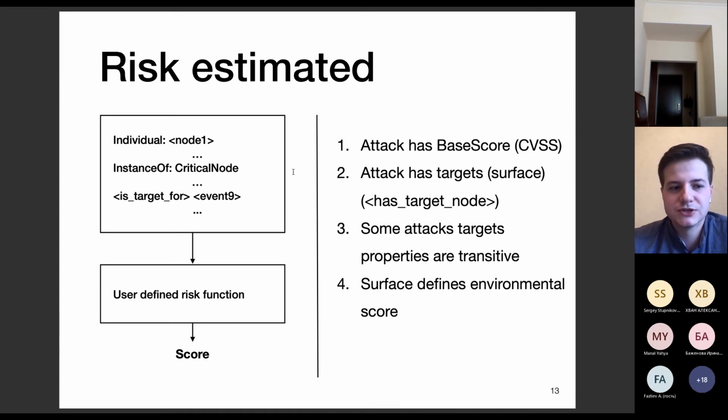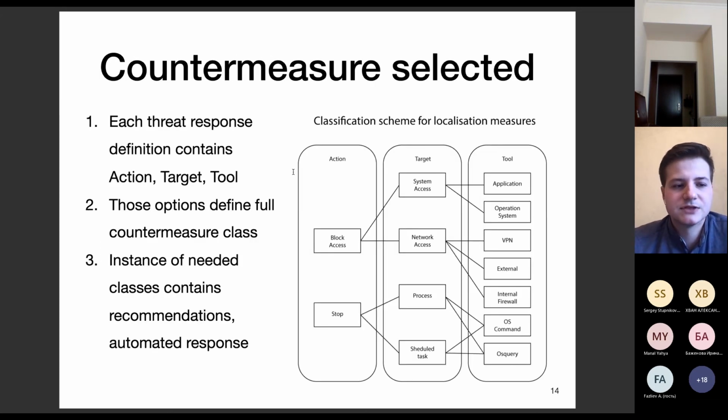The ontology allows us to estimate this score by using aggregated knowledge about infrastructure, especially about network reachability and criticality of the resources, which depends on the type of attack. We can calculate reachability as a transitive property or not. For example, all instances of a reachable node could become input data for a custom risk estimation function, and then the score will be calculated.